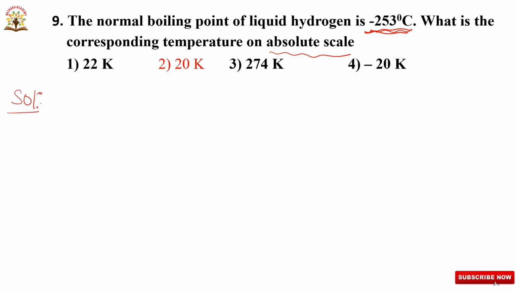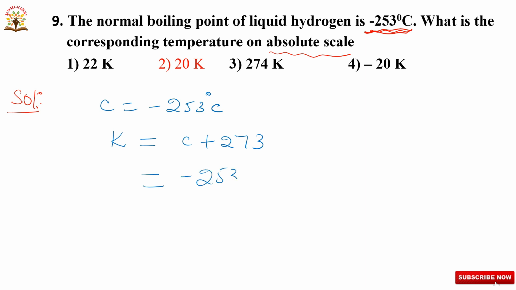Here they have given C is equals to minus 253 degrees centigrade. Now we are converting in terms of Kelvin. K is equals to C plus 273. Substituting the C value, minus 253 plus 273, we are getting 20 degrees.